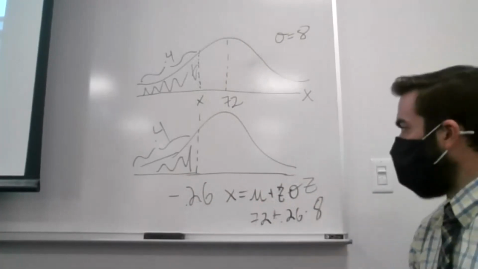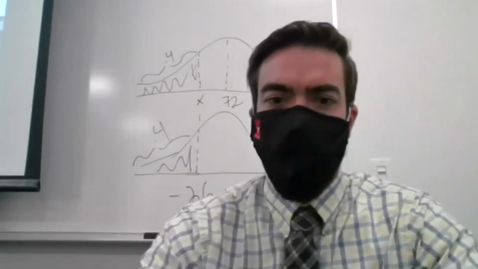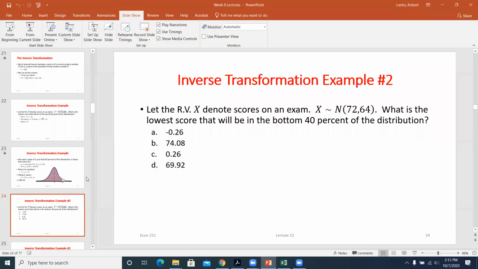If I do that, I get like 79.2 or something, or let's look at the exact value. I've got it in the slides here, there's no sense in guessing. Well, 69.92, right?